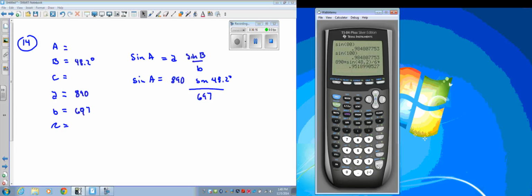Okay, so what is this telling us? There's going to be at least one. But now we have to decide whether there's another one. When you're given this, what you want to do is take the second function, sine inverse, of that value.